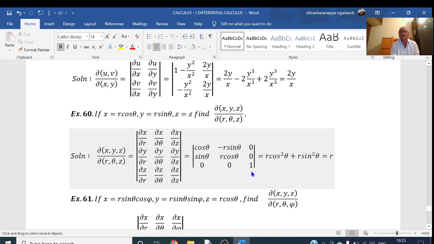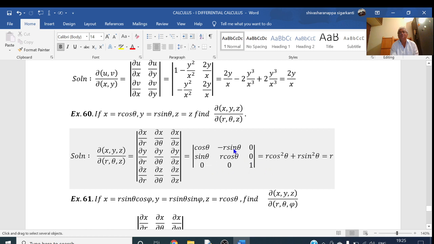Okay, r cos square theta. Next, minus of minus plus r sin theta into, leaving this column, this row, what I am getting here is sin theta into 1 is sin theta minus 0.